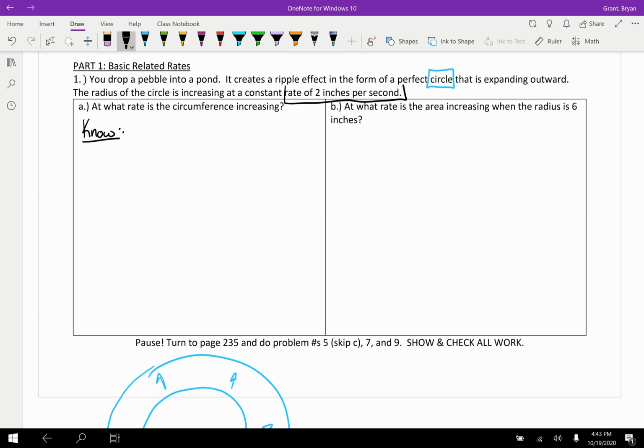A rate is always going to give you some amount, usually a distance, per some time. Right? We talked about that earlier. The rate is distance over time. So we need to write this rate, and I always like to write it like this. It's 2 inches per second. S is a pretty common abbreviation for seconds. A lot of times I write SEC just to give more information.